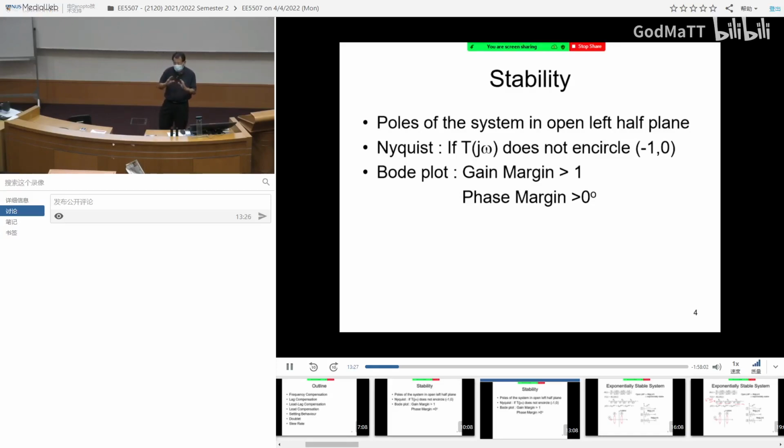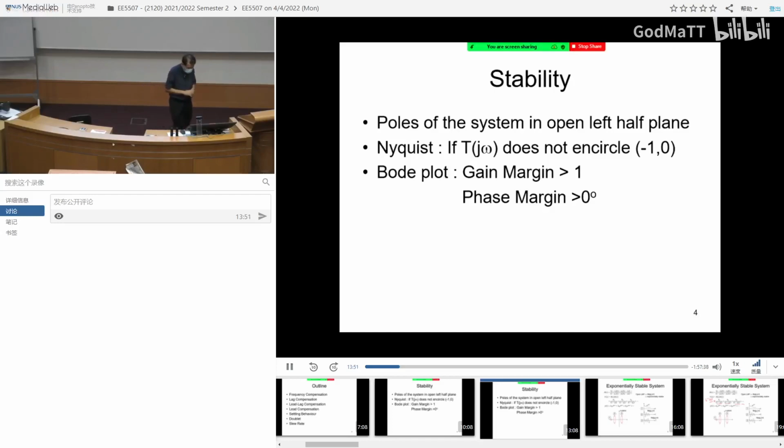I can even create a very simple program to plot. I just run omega from negative infinity to infinity, determine the resulting complex number so I can get the magnitude and the phase, and then I generate the plot. So very easy to do. Although the procedure sounds complicated, it's very easy to do, and the judging criterion is very simple.